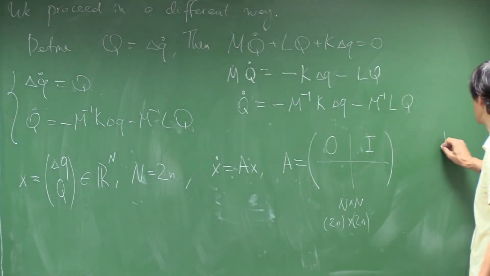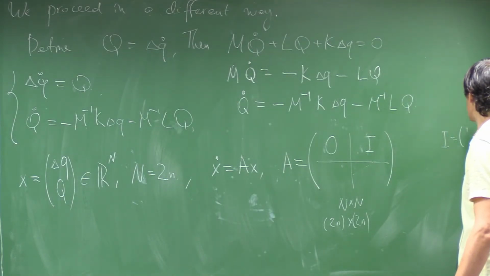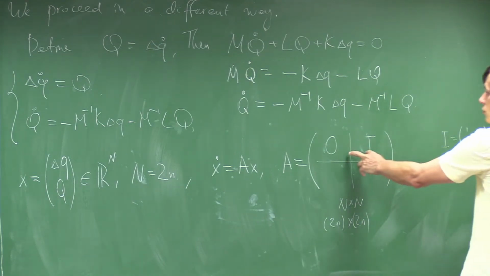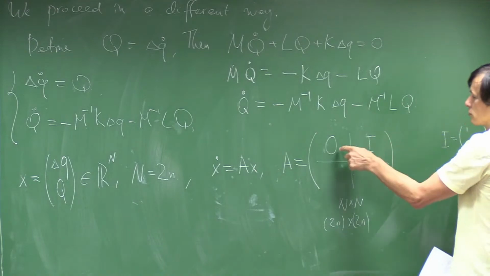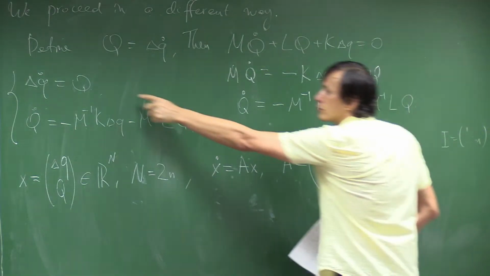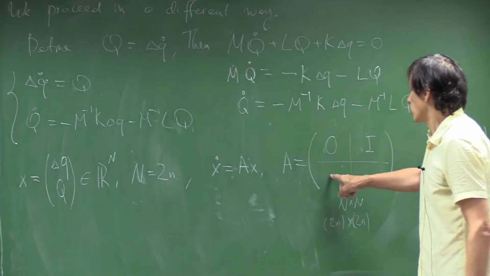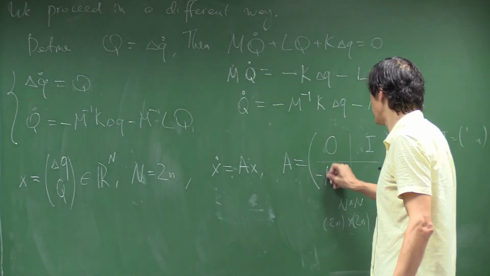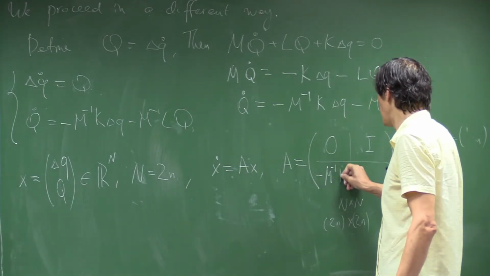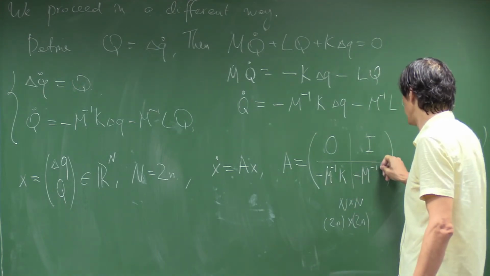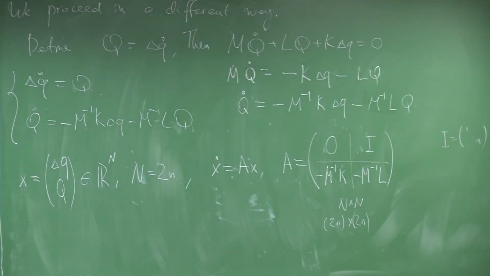Identity is a matrix which has ones on the diagonal. Then you multiply x by this matrix, delta Q cancels, and this capital Q stays, and then you get this. Here you should put minus M minus 1 K, and here you should put minus M minus 1 L. Okay. Good.